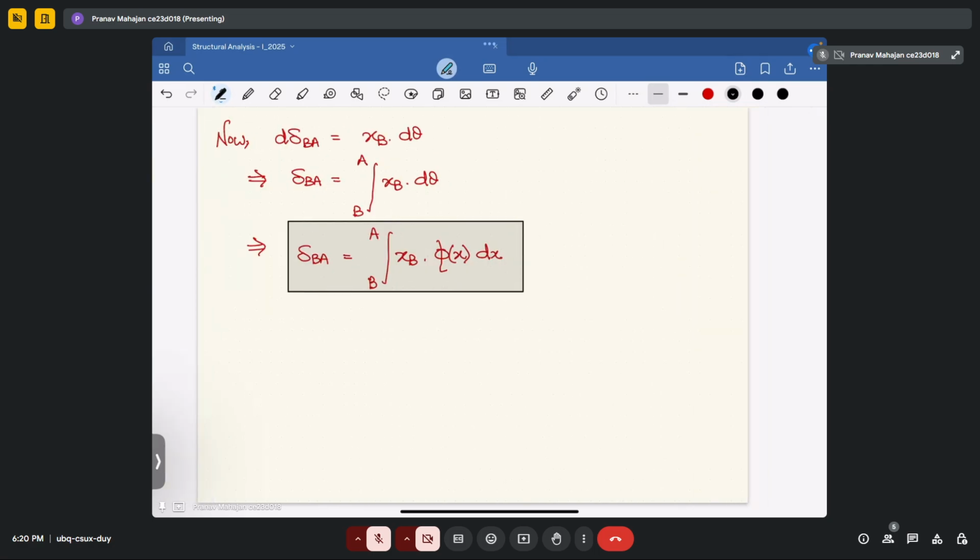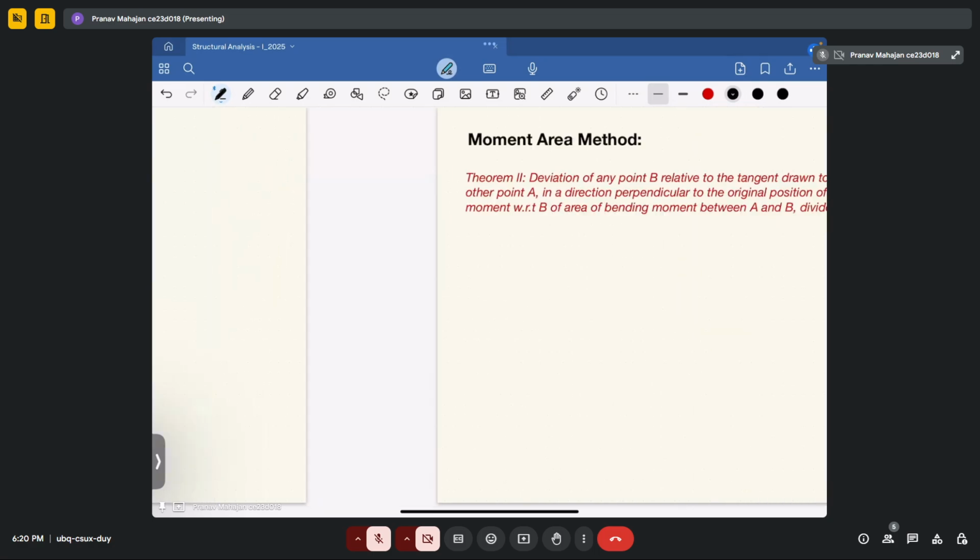So this will give you the second theorem of the moment area method. What is the second theorem of the moment area method?